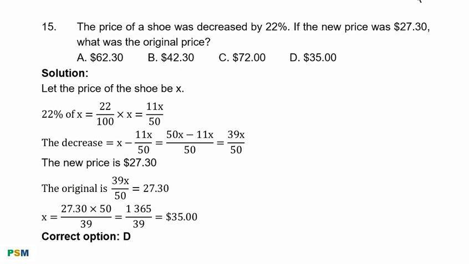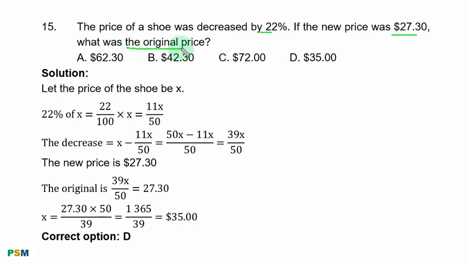Question 15. The price of a shoe was decreased by 22%. If the new price was $27.30, what was the original price?